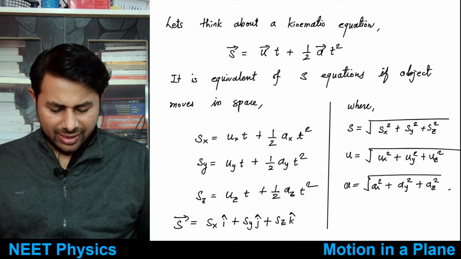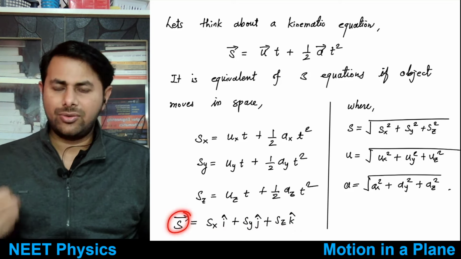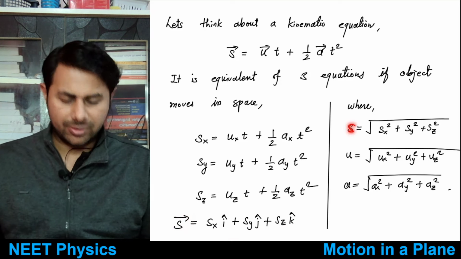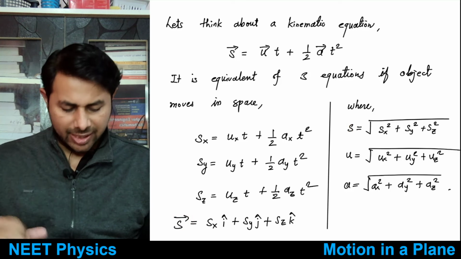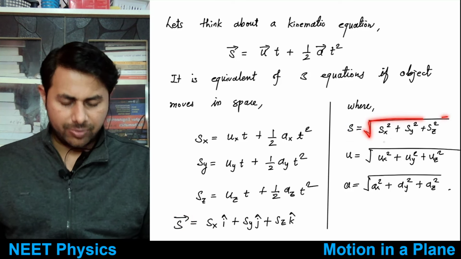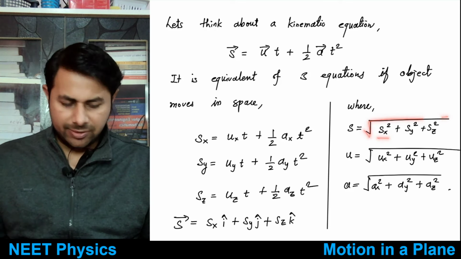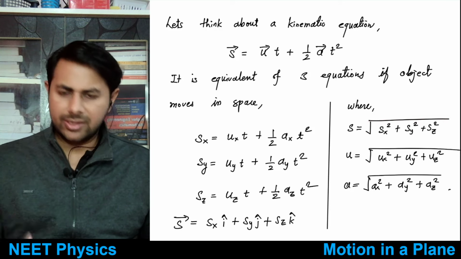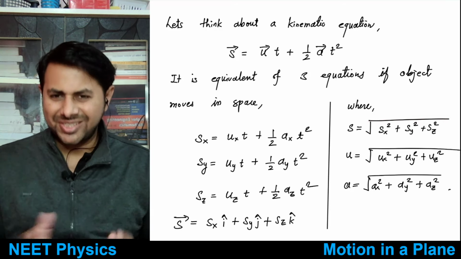If you want to find out its magnitude, what will it be? The magnitude of s bar is s, and that s is equal to square root of sx square plus sy square plus sz square. Where does this come from?